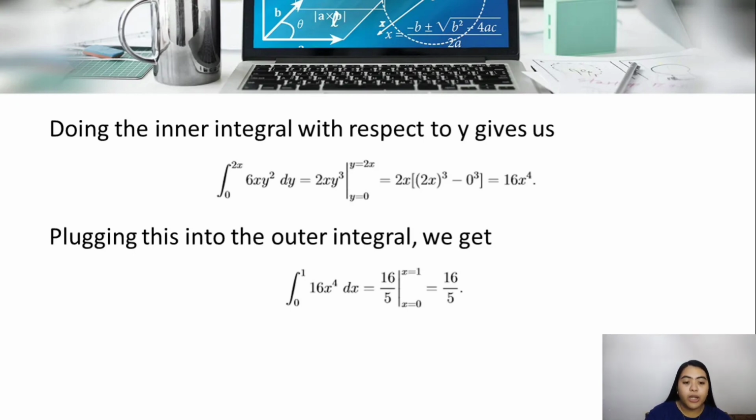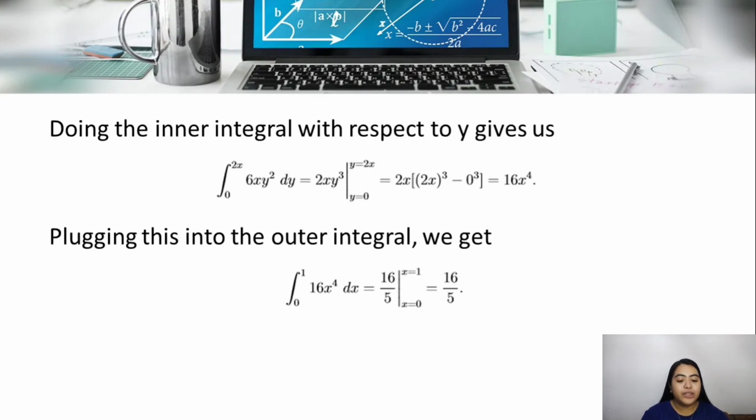Plugging this into the outer integral, we get the integral from 0 to 1 of 16x to the fourth dx equals 16 over 5 x to the fifth evaluated from 0 to 1, equals 16 over 5.